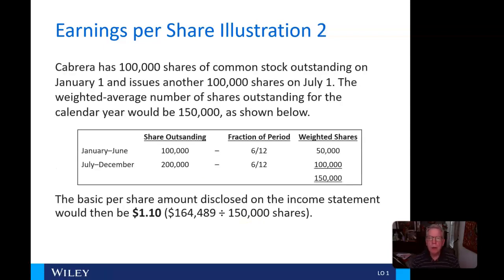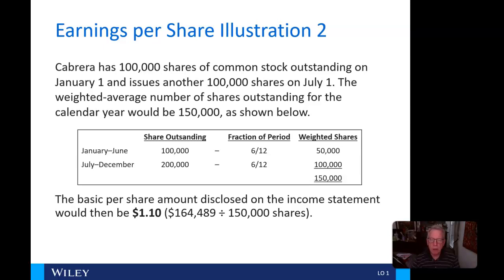All right. So here's the second illustration. It issues another 100,000 shares on July 1. And then the weighted average number of shares for the calendar year is going to be 150,000 shares as shown. So you can see how that was done.